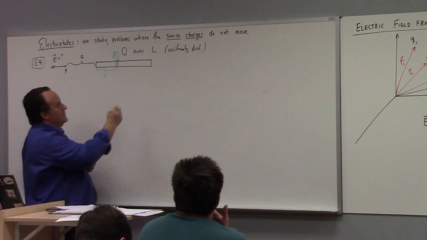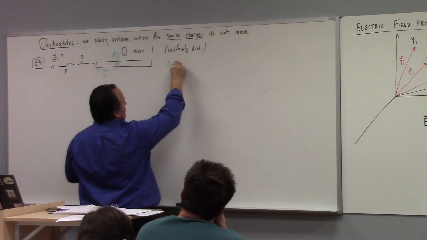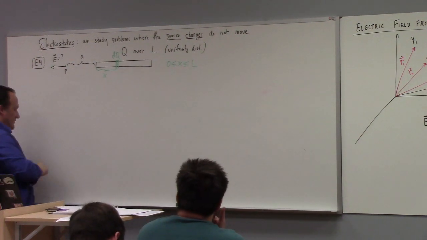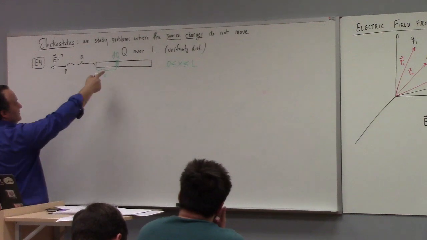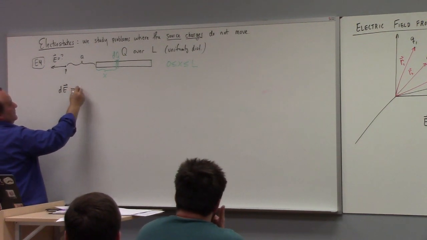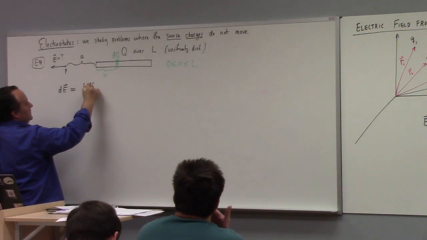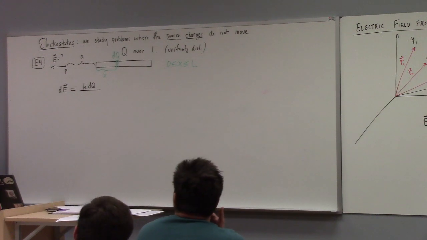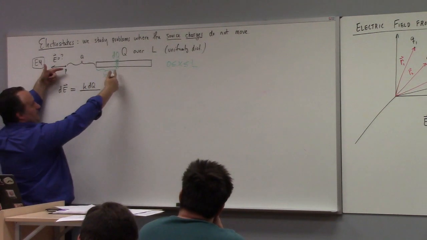So context here, 0 less than or equal to x less than or equal to L. That's the setup, right? Now what's the infinitesimal electric field due to dq? Well, dE is equal to k dq divided by, what's the distance from here to here?